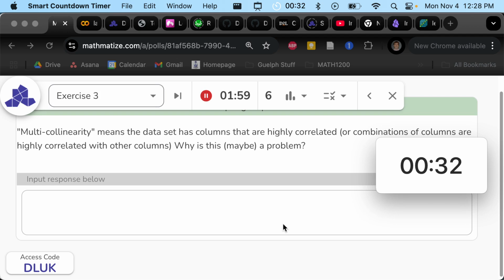Okay, 30 seconds. You can take a guess. What is the problem with multi-collinearity, and why is everybody so scared of it?